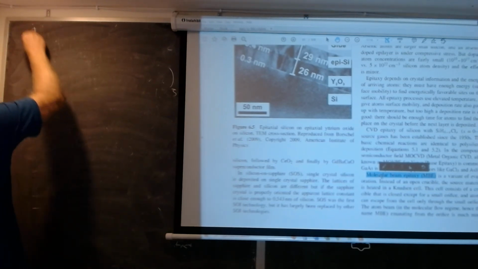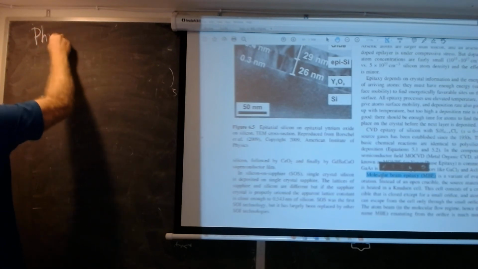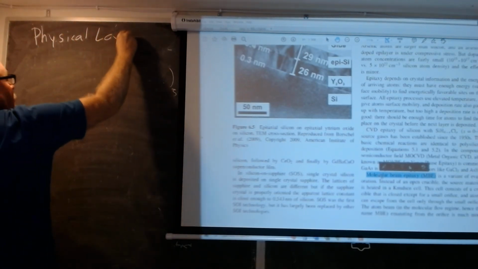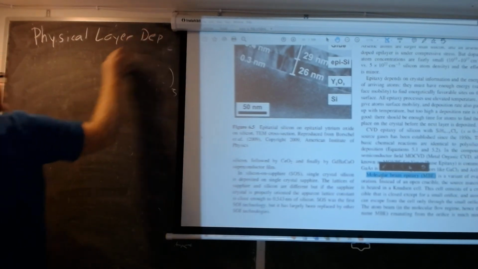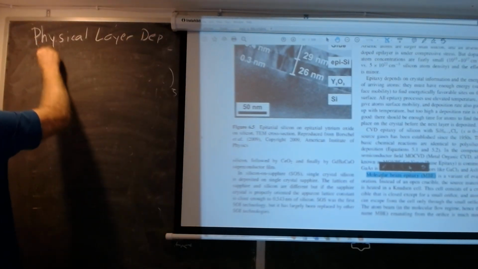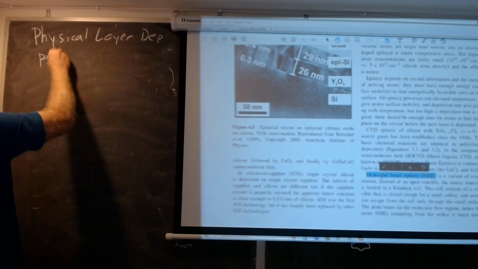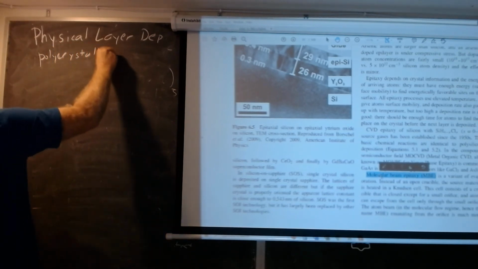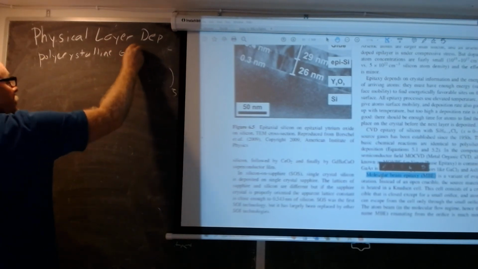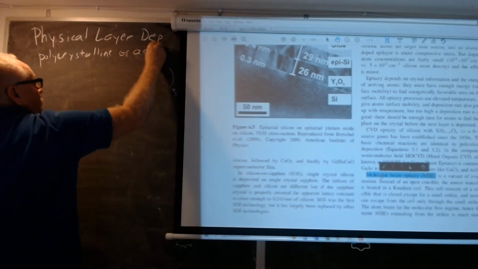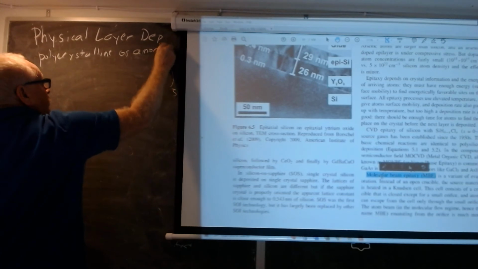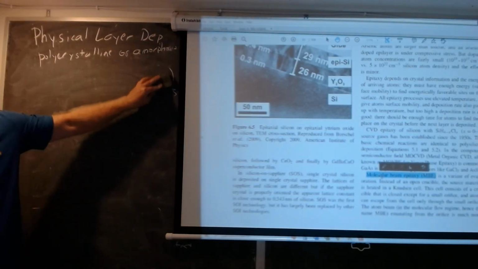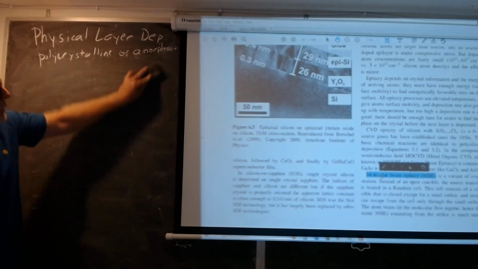So, physical layer deposition results in polycrystalline or amorphous films, but sometimes we want to deposit an actual single crystal.